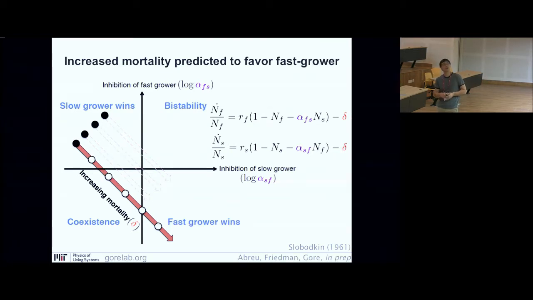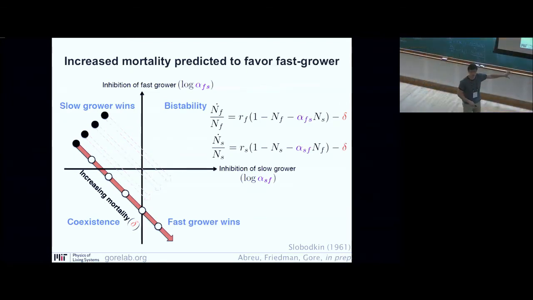But along the way, you should cross a region of either coexistence or bistability, but not both. Okay? And what's wonderful, I'm going to skip over the data, but this is true in the sense that we can go and do experiments, we can increase the dilution, and we reliably march across this thing. We can cross coexistence or bistability.